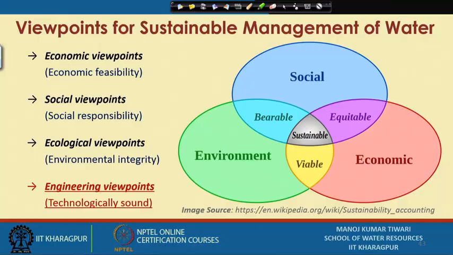So, how effective, how technologically sound, is your wastewater treatment system? All these things contribute towards the overall sustainability of the system, and that is why the engineering viewpoint is also one of the very important aspects of sustainable development or sustainable management of the infrastructure or of the systems.